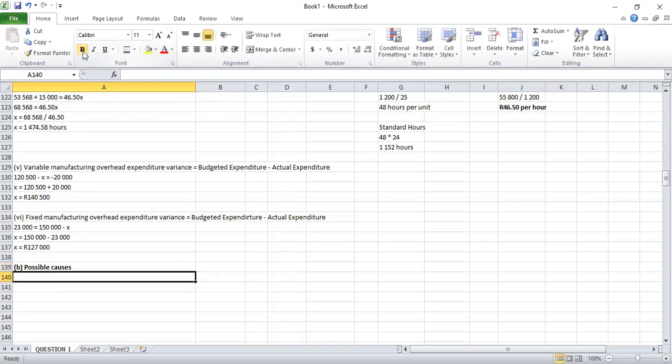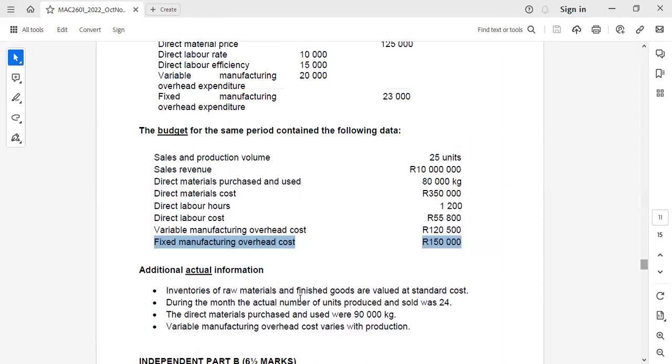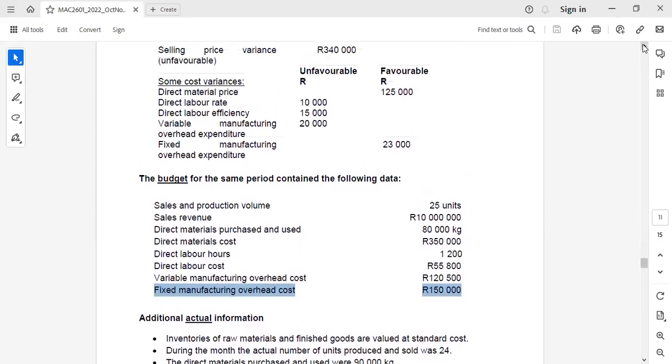Direct material usage. Are we given our usage variance? Because normally you should argue in terms of the one that is given. Or they just give us reasons. We don't have a particular one, but we're just stating in general.